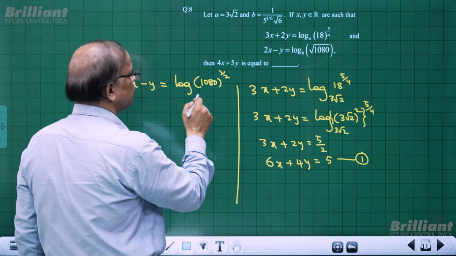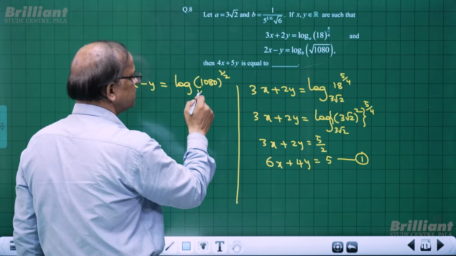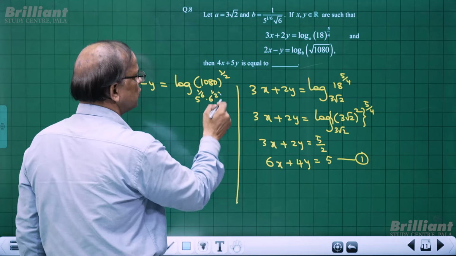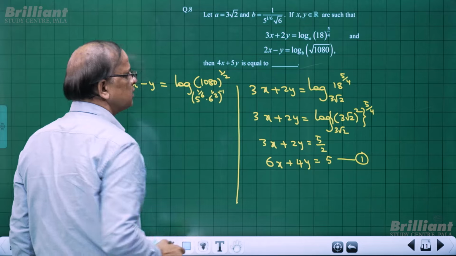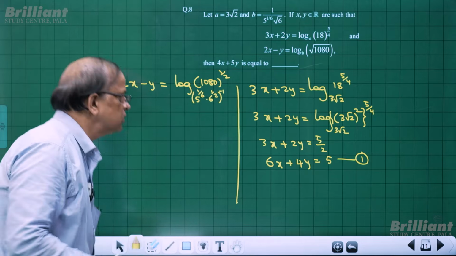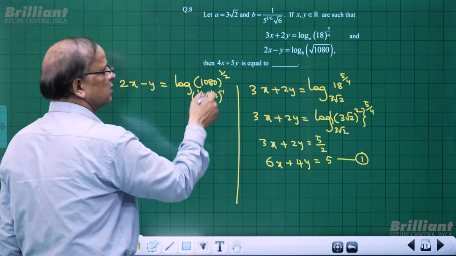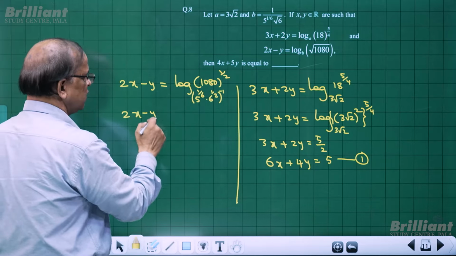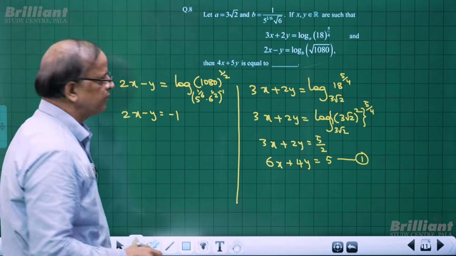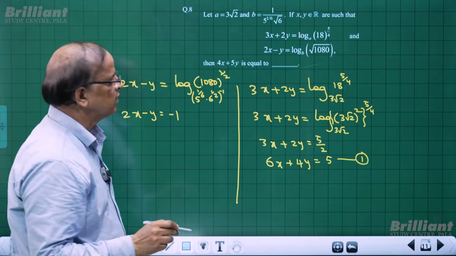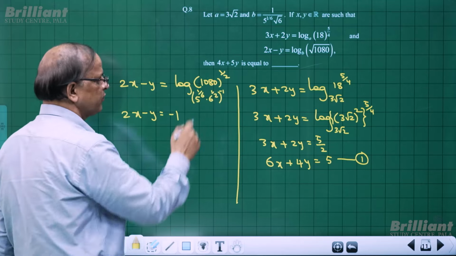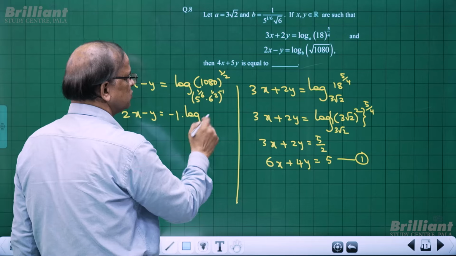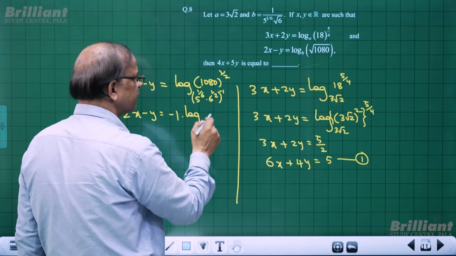So, 5 power 1 by 6 and 6 power 1 by 2 whole power minus 1. So, this minus becomes here. So, 2x minus y is minus 1, because of the n by p into log m base a property.